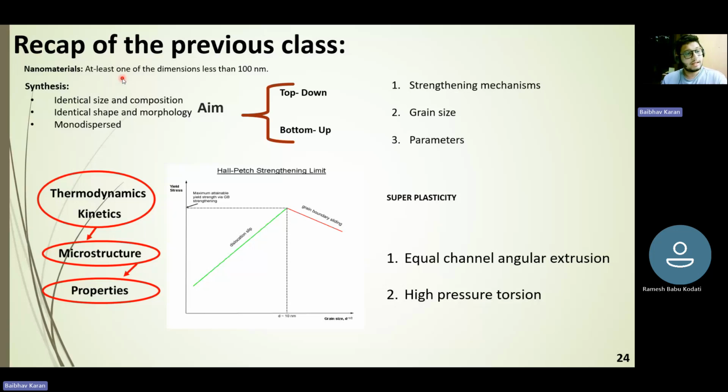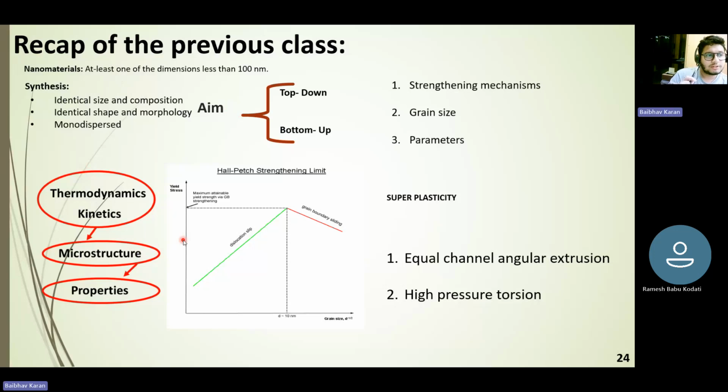And this microstructure is dependent on the thermodynamics and kinetics of how the material is produced, or the stability of that material, whether the material is stable or not. And nanomaterials change this thermodynamics and kinetics. So this implies nanomaterials change the microstructure of the material, and all the properties of the material which we get, like hardness, ductility, anything, is highly dependent on the microstructure of the material.